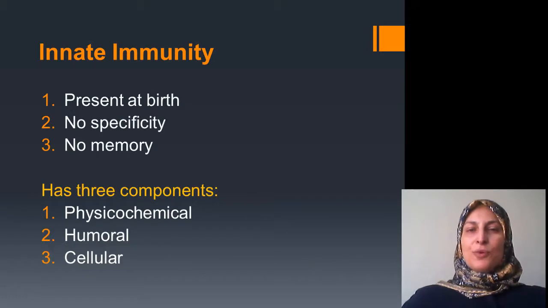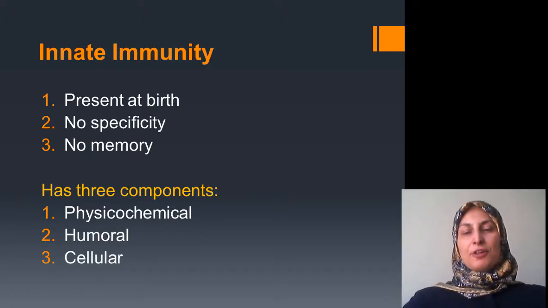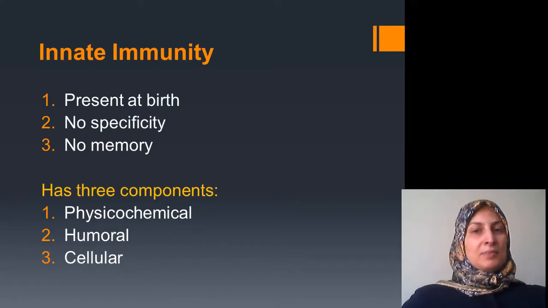So we have two pathways that the immune system follows to conduct its function. The first pathway is the innate immunity, and the second is adaptive immunity. The innate immunity is a sort of primitive immune response, so it does not have that complexity.